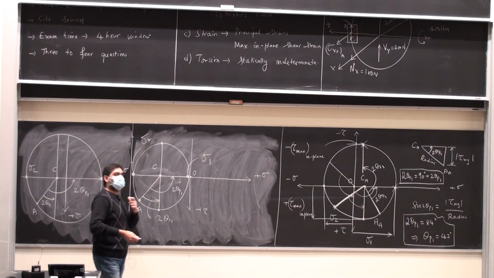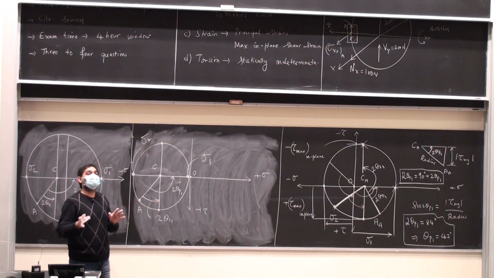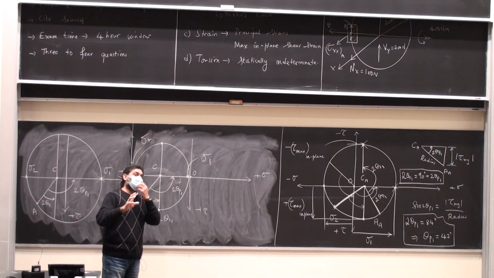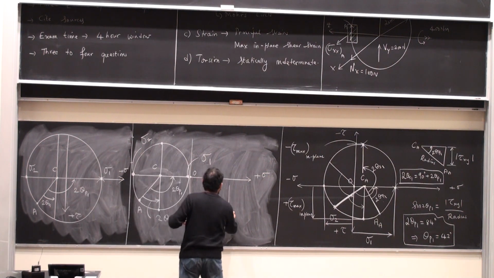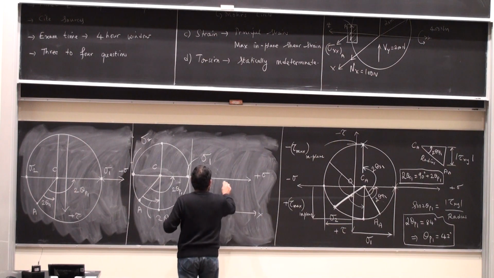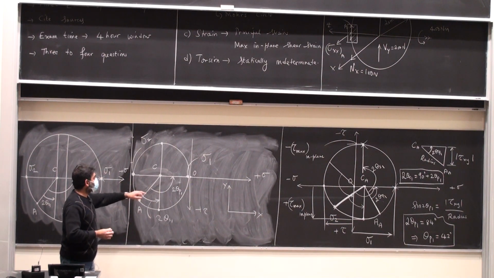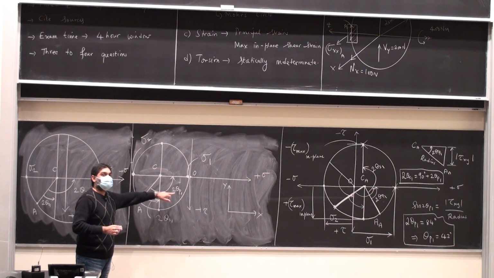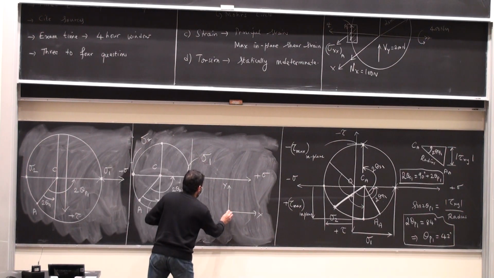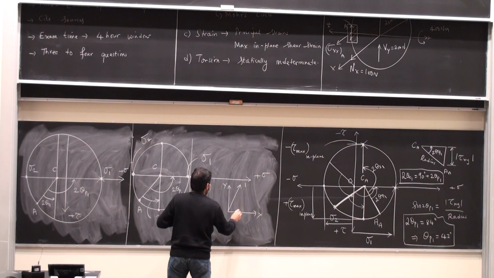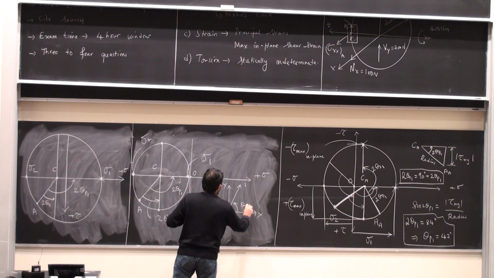So usually here is what I do. I don't calculate 2 theta P2. I calculate only 2 theta P1 because I know that if this is my x-axis and y-axis, and let's say that this once again gives me something less than 90 if I calculate theta P1, but this is going to be my 1 direction.